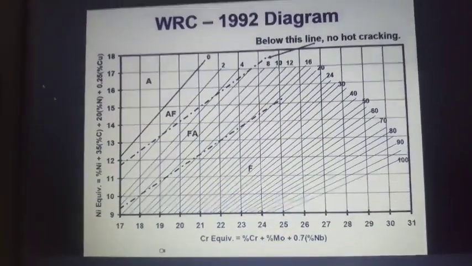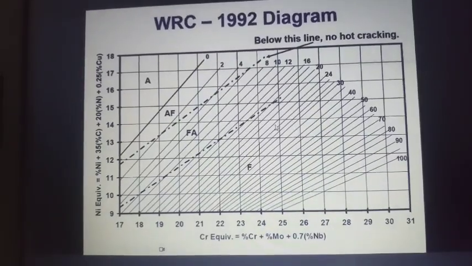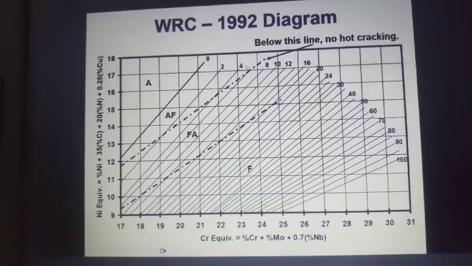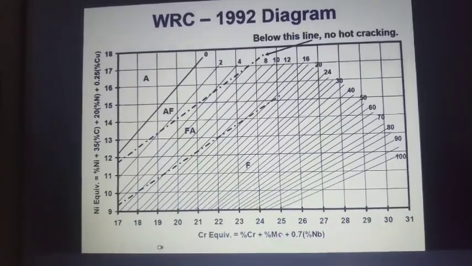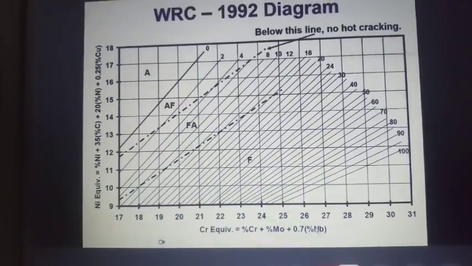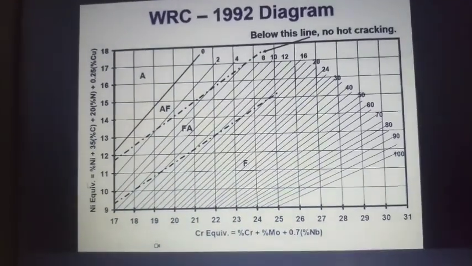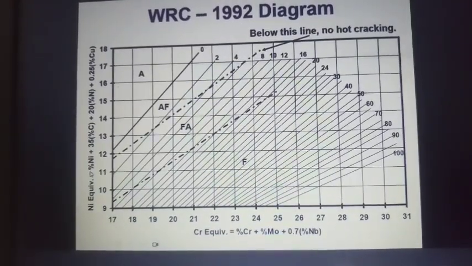Now, in the WRC (Welding Research Council) 1992 diagram, you can see that 0, 2, 4 and so on are ferrite numbers. This side we have chromium equivalent, the elements which support ferrite stabilization, and this side we have nickel equivalent, the austenite stabilizers.